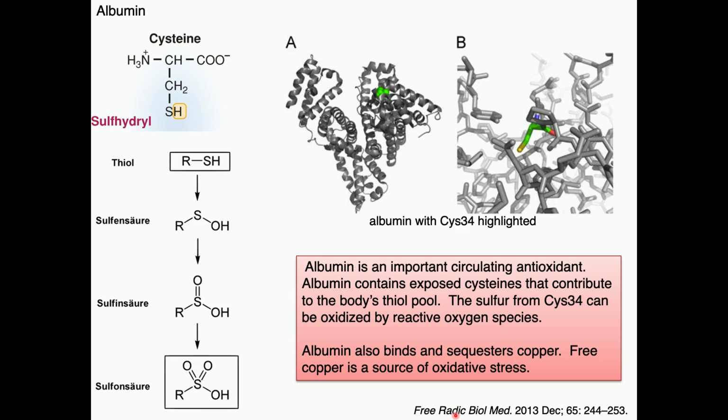Now we know that sulfur from a cysteine can be oxidized by making a disulfide bond with another sulfur on a cysteine, and that's the case with glutathione and with a lot of sulfur-containing redox proteins. What are those called? Can't remember. Anyway, that's one way a thiol could be oxidized, by joining with another thiol.